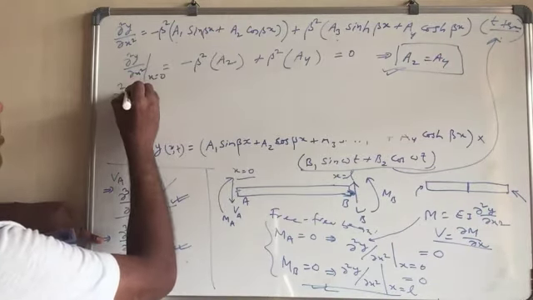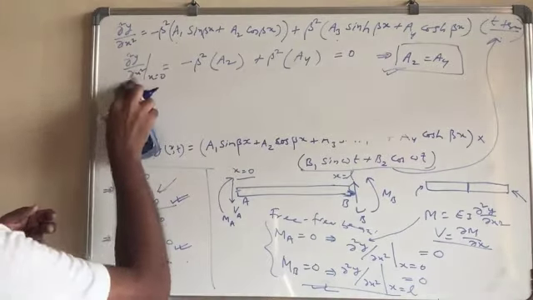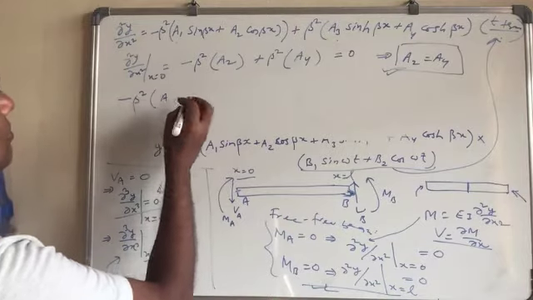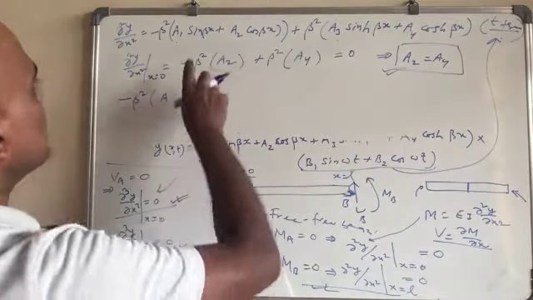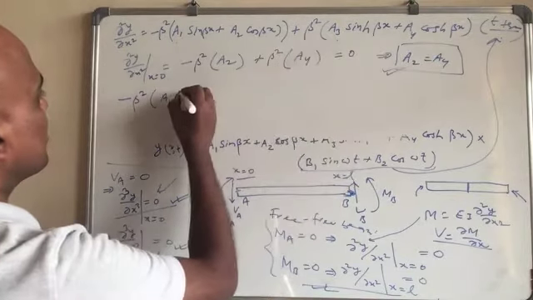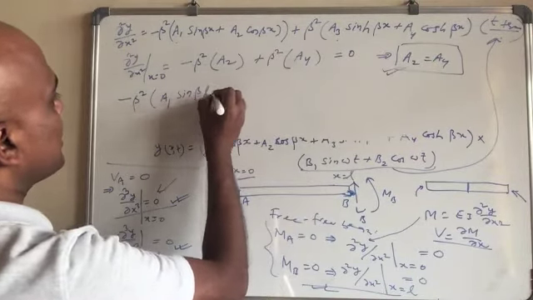Del square y will be equal to 0. So you get minus beta square, then you get A1 sine beta L now, right?